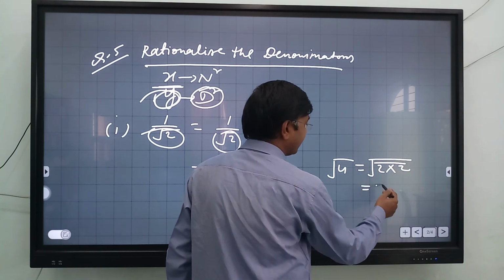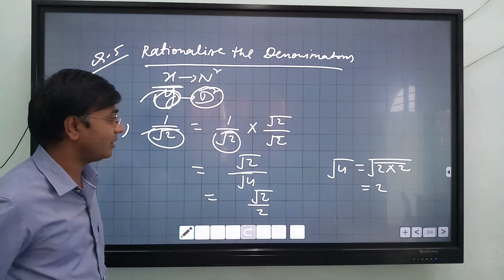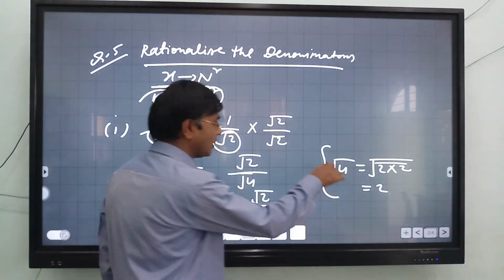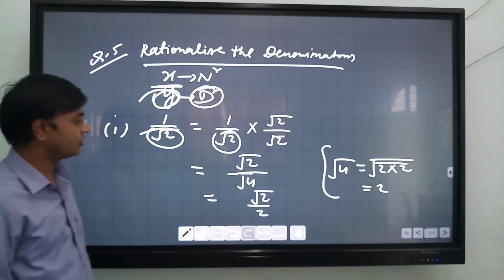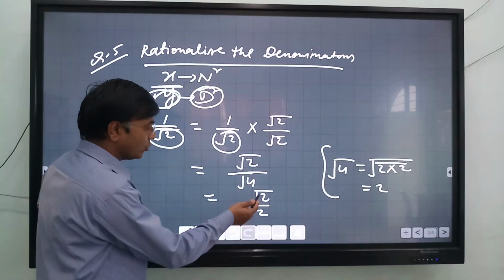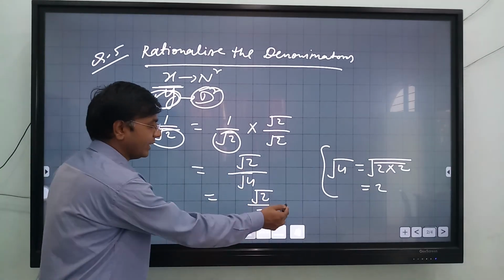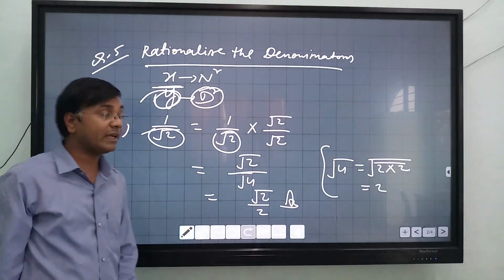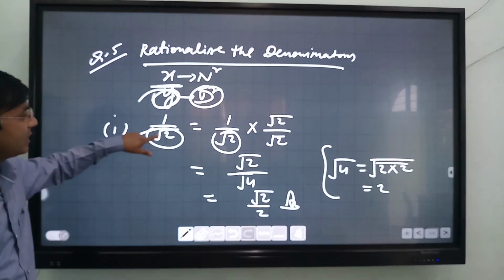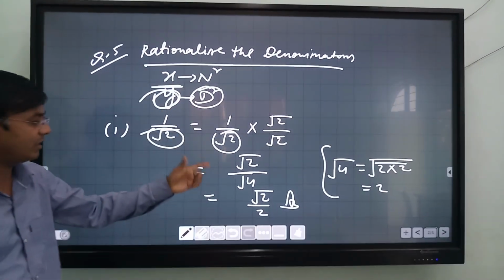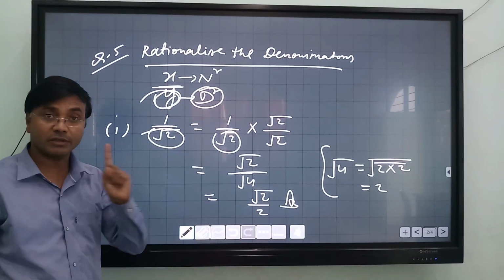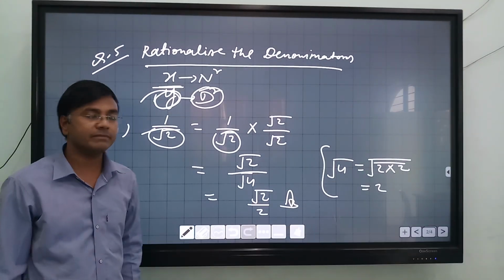Now make pairs and write only one number out of each pair. This is how we can find the square root of any number. So under root 2 upon 2 is the answer. Why? Because we have to convert this number into a rational number. See, 2 is a rational number. So hence this is the solution.